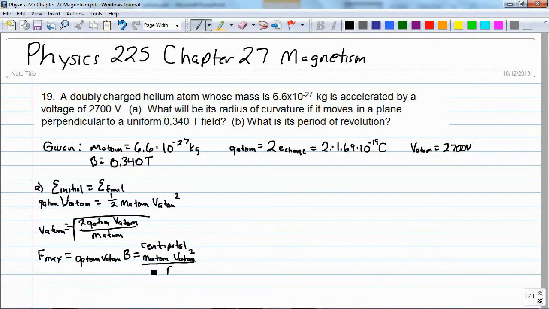So we can calculate r. R is going to equal the mass of the atom times the velocity of the atom divided by the charge of the atom times the magnetic field.